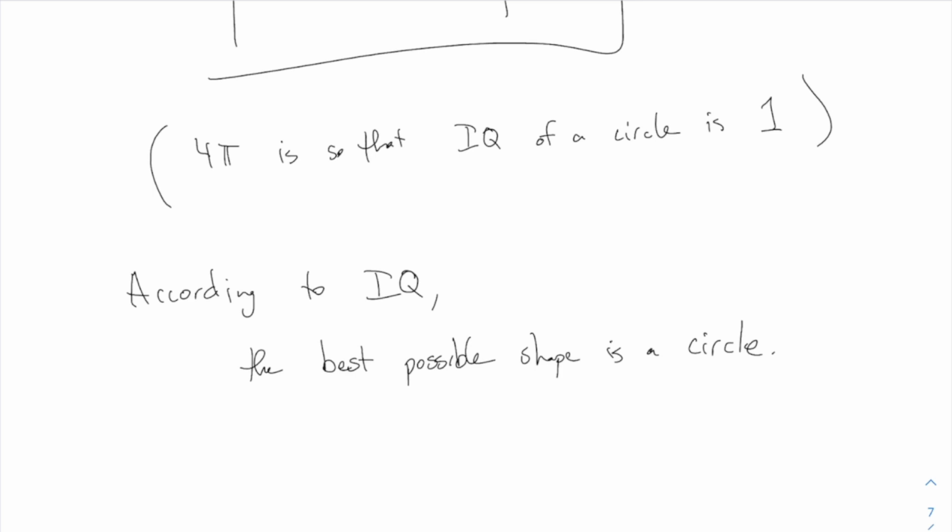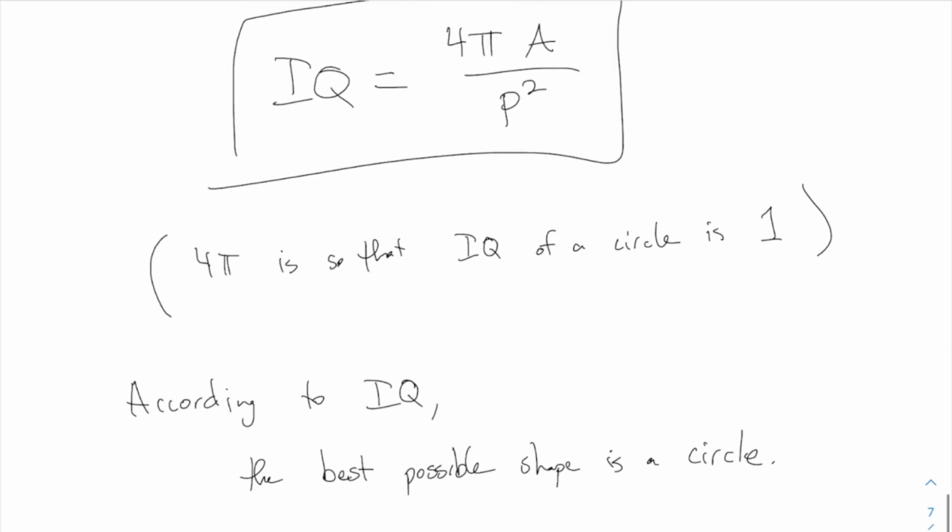That formula up there was specifically invented so that you get 1 if you are doing this to a circle. So in terms of the isoperimetric quotient, the best possible shape is a circle. Even something like a rectangle will be less than 1.